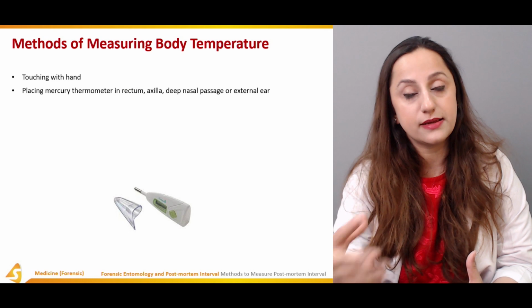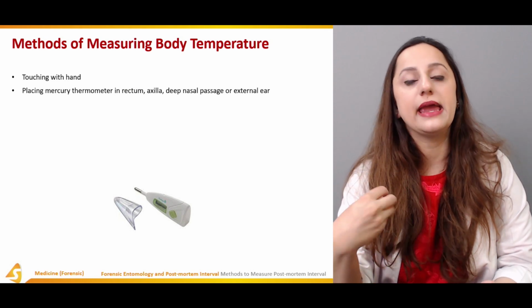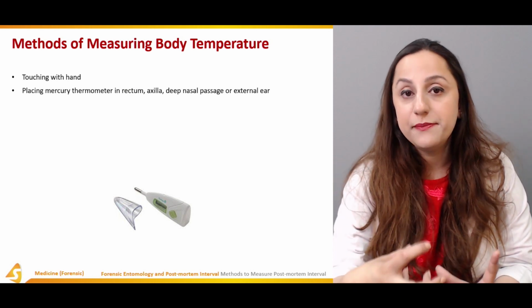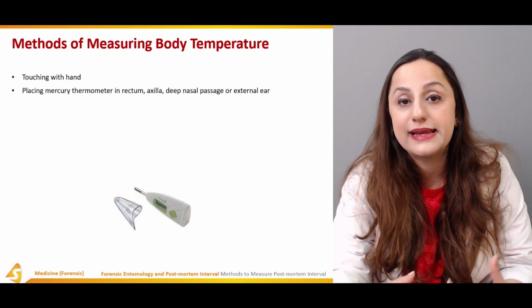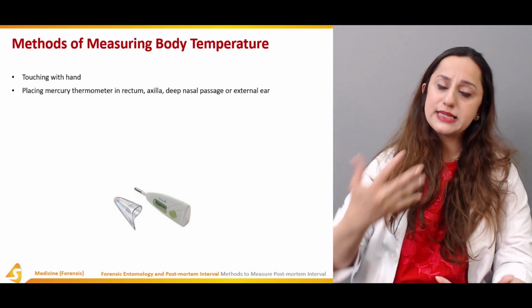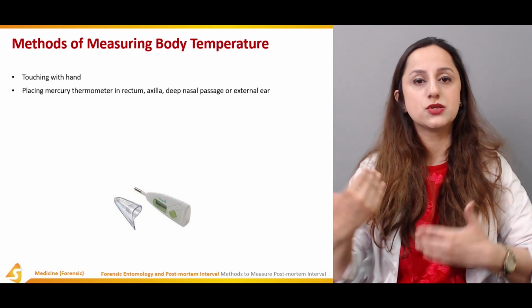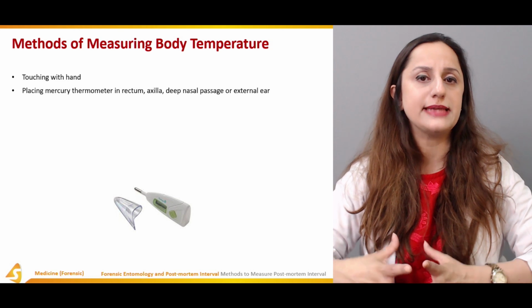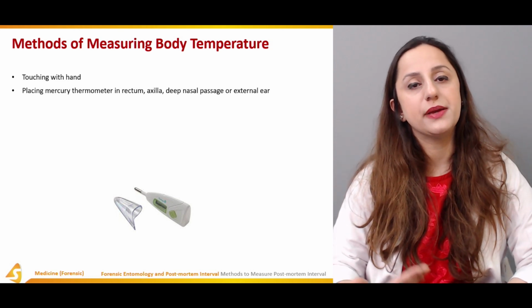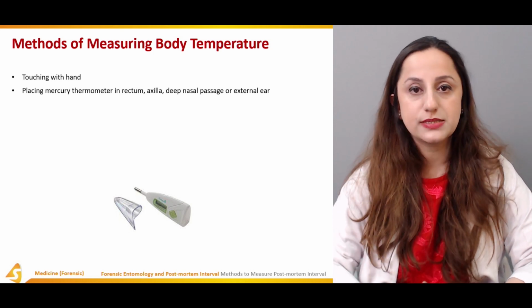If we are suspecting such activity, we have to take the anal swabs for the chemical examiner, and that will be the mainstay evidence of this activity having taken place before death. So in those cases, we can place the thermometer subhepatically. If there is a stab wound already present, we can place a thermometer subhepatically and calculate the temperature.